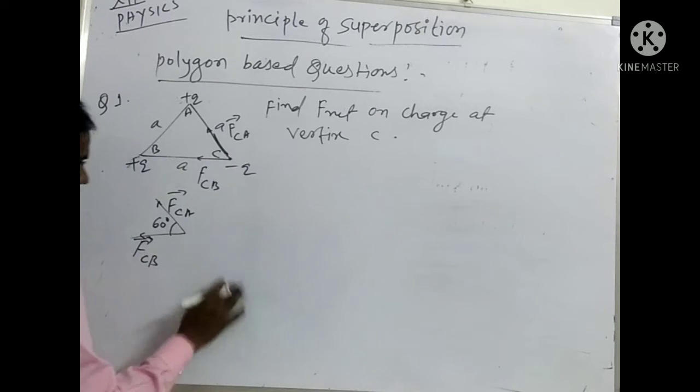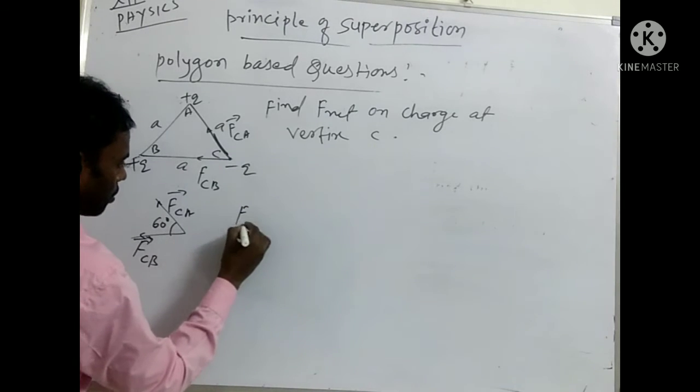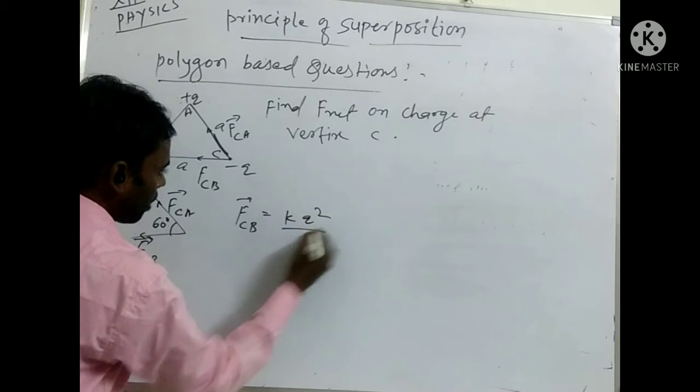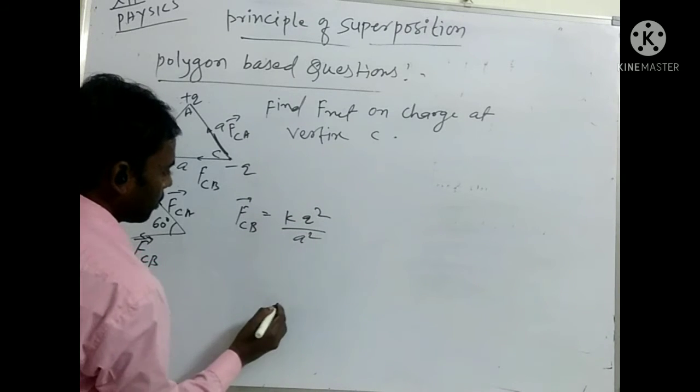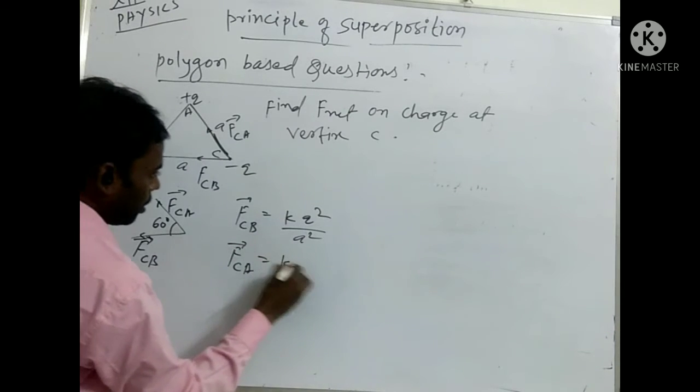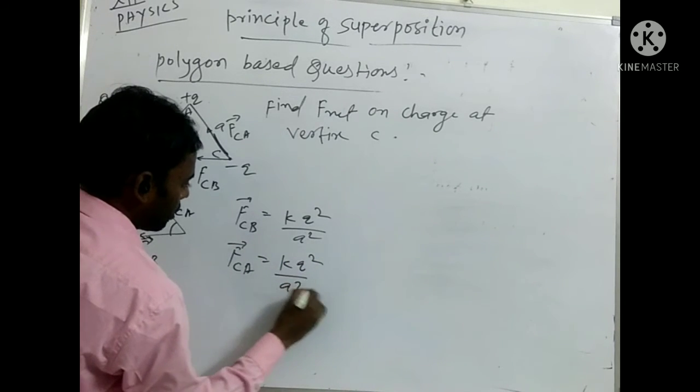Then the force on C due to B equals kQ square divided by a square, and the force on C due to A equals kQ square divided by a square.